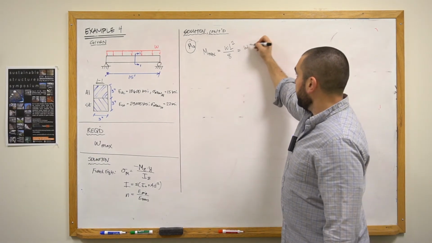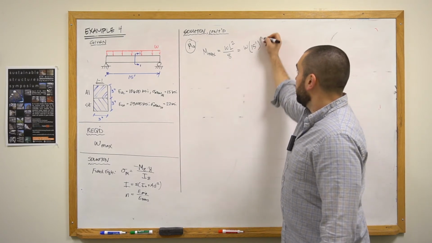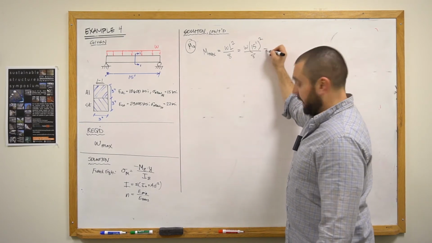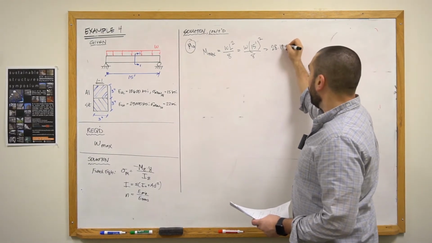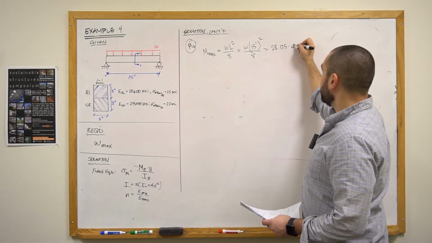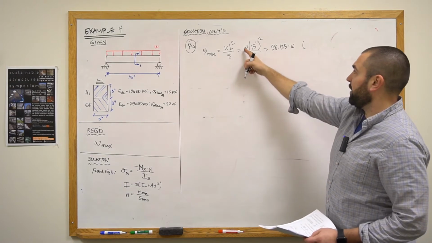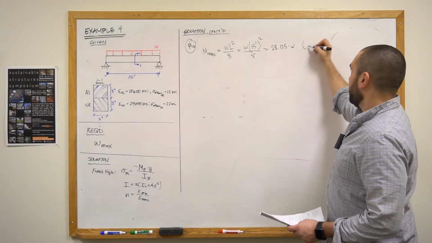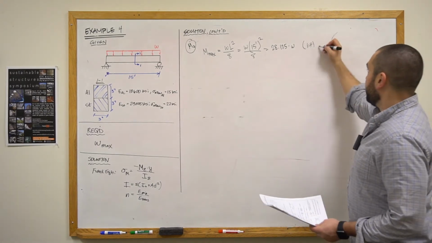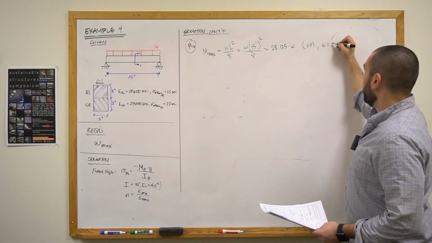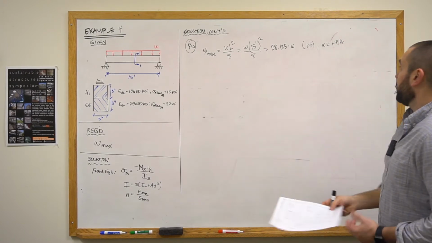So if I plug in 15 feet for L, squared, divided by 8, we get 28.125 times W, and this is going to be in units of kip-feet, assuming that W is in units of kips per foot.